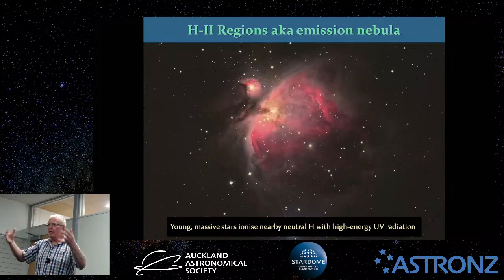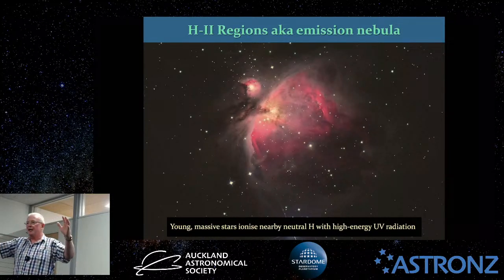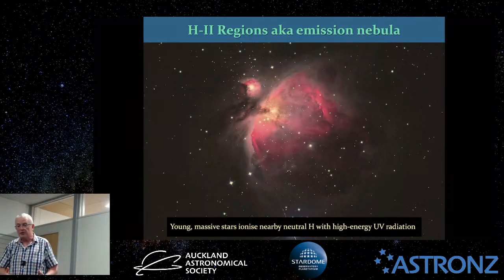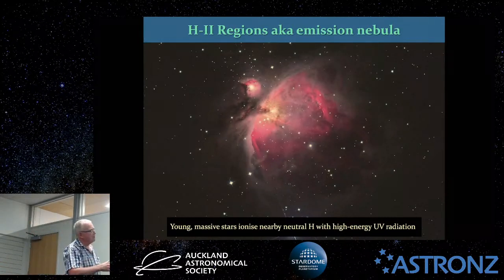So something of bigger mass is going to have bigger gravity, bigger inward forces, which means it's going to collapse down a lot sooner and get going into a star. So the massive stars are always the first to arrive when you're starting to get a cluster of stars forming. And these big stars emit really high energy ultraviolet light.